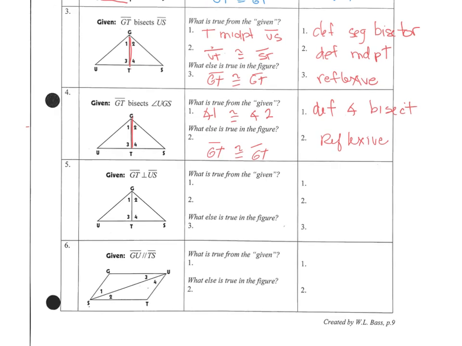Looking at number 5, we are told that segment GT is perpendicular to segment US. And so what is true from this given information? If it's perpendicular, what we know is that angle 3 and angle 4 are right angles.